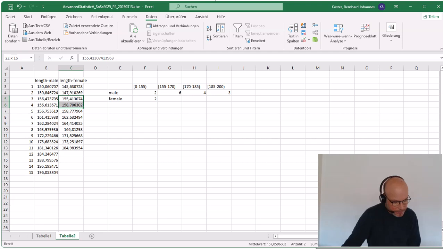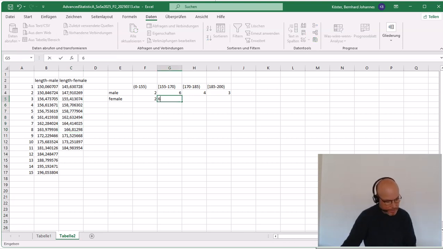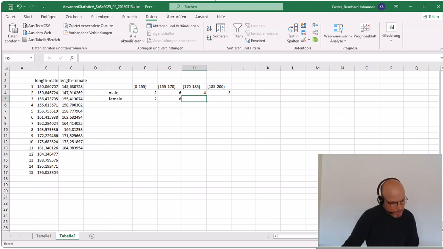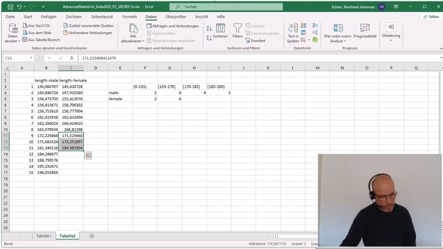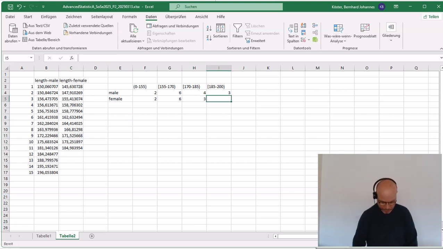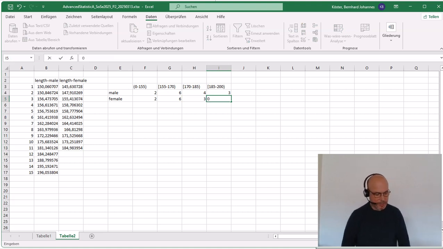Then until 170 is 1, 2, 3, 4, 5, 6. And 170 to 185 is 3. And 0 for the largest class.